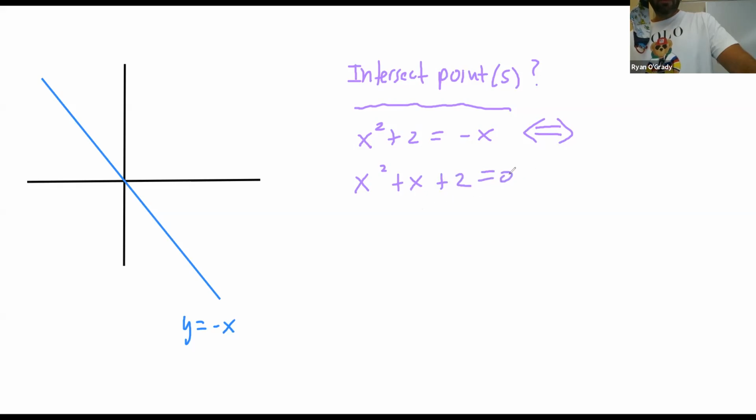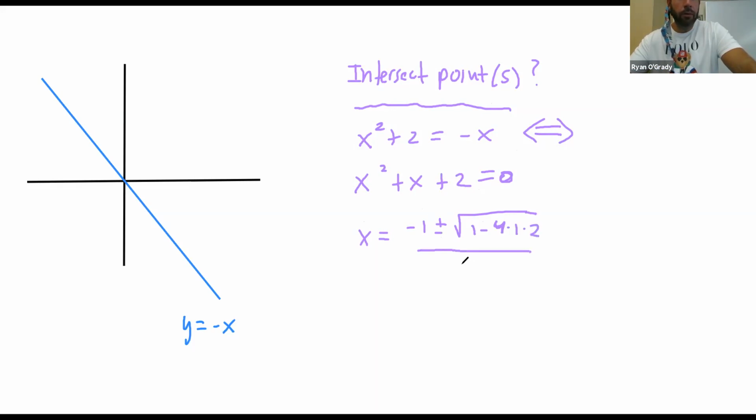And then the question becomes, what are the solutions to this? This doesn't look like it factors, obviously. So say I use the quadratic formula: x equals negative 1 plus or minus the square root of 1 minus 4 times a, which is 1, times c, which is 2, all over 2a, which is just 2.